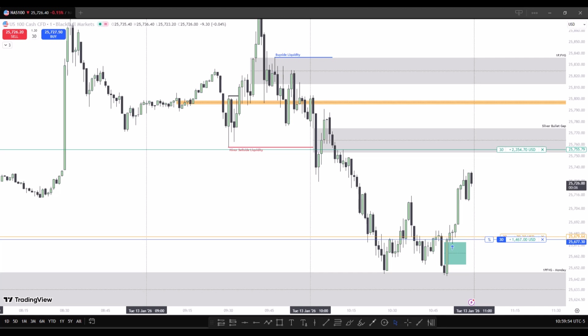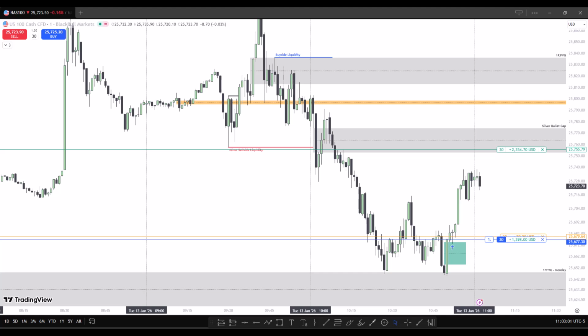And you see that after we revisited the first gap of Monday, price failed to deliver, to close the gap and failed to deliver even to the consequent encroachment, but it rather jumped up aggressively away from the first presented gap of Monday.